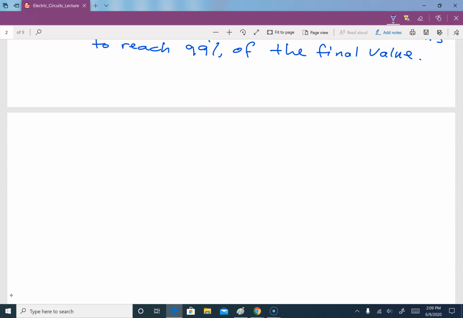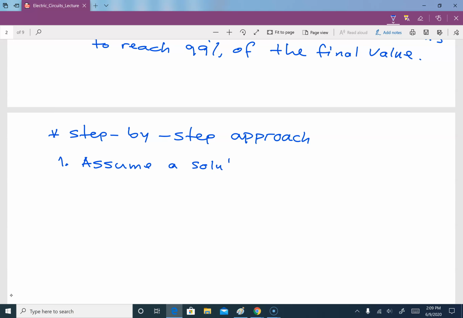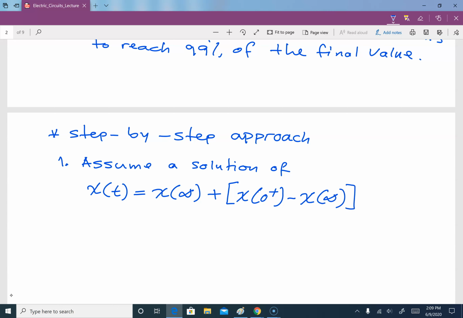So now the step-by-step approach. The first step, you need to assume a solution of x of t is equal to x of infinity plus x of 0 plus minus x of infinity multiplied by exponential of negative t over tau.